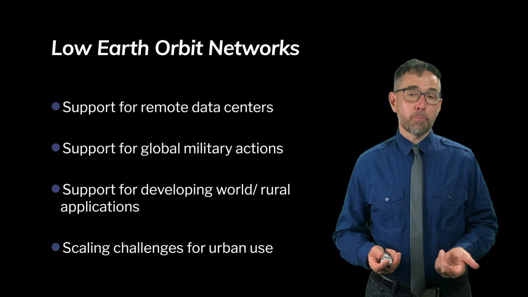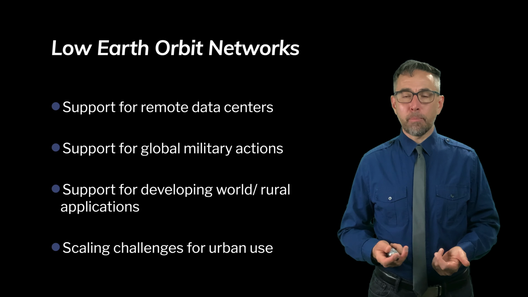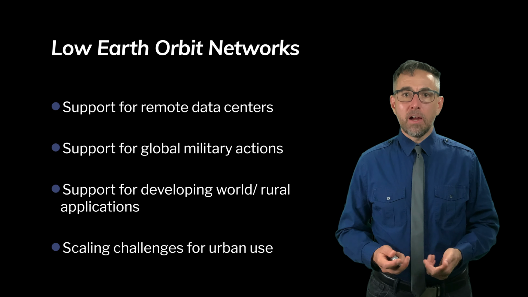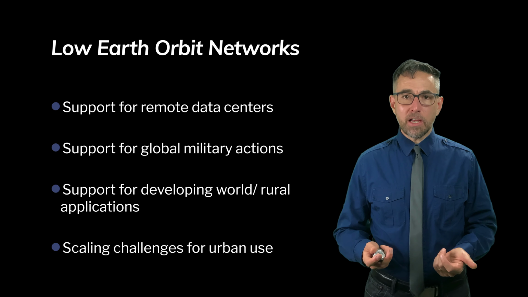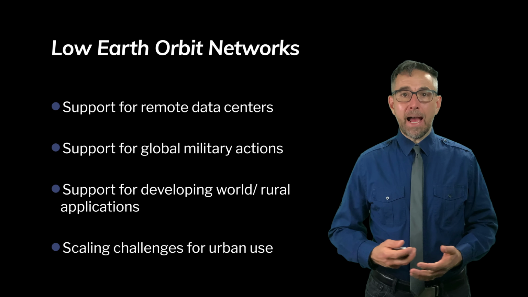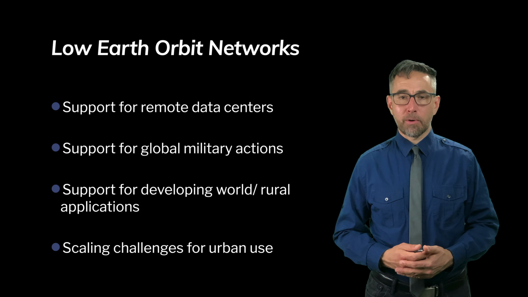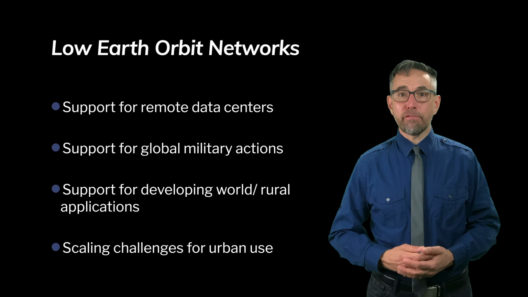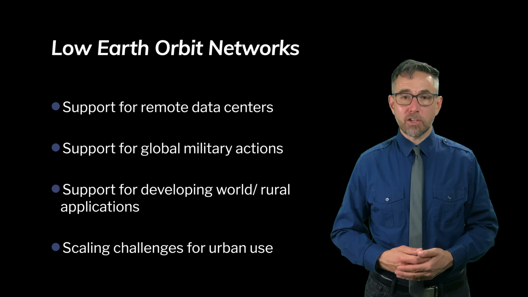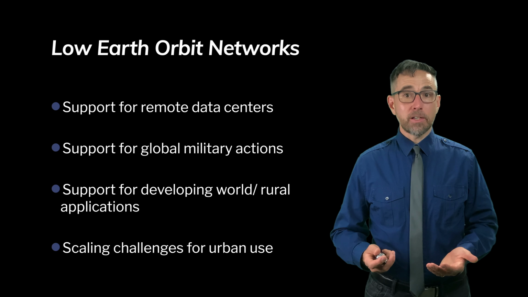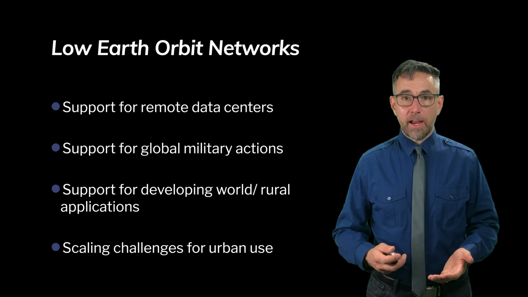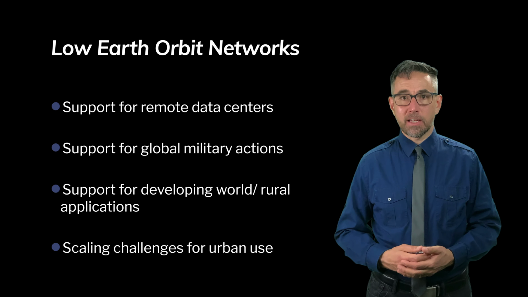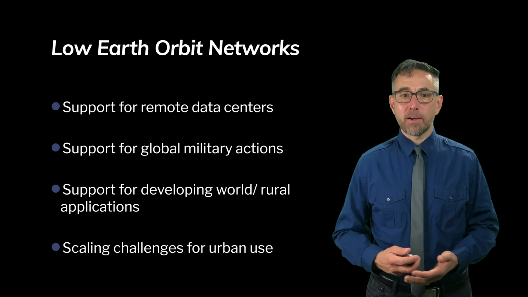It will also support applications for the developing world and rural applications. For example, you may live in a location that's somewhat rural and not have a lot of access to internet service providers. And those that you do have access to charge a very high fee for very low bandwidth connections. This is going to change that dynamic. Rural areas will now have high-speed connections, much like their urban counterparts.